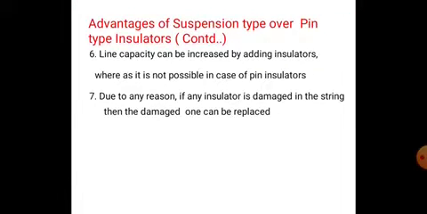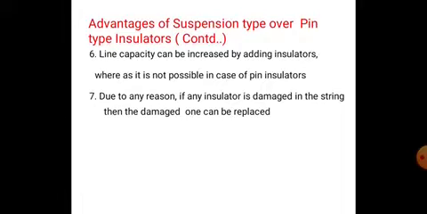The line capacity can be increased by adding insulators, whereas it is not possible in the case of pin type insulators. In string insulators, the line capacity can be increased by adding more discs in suspension type insulators, but in pin type insulators it is not possible to add discs.